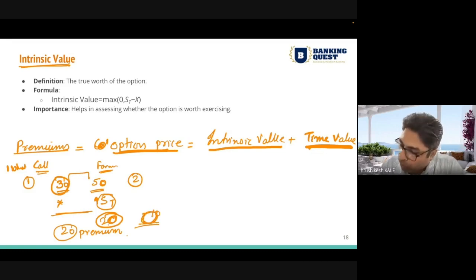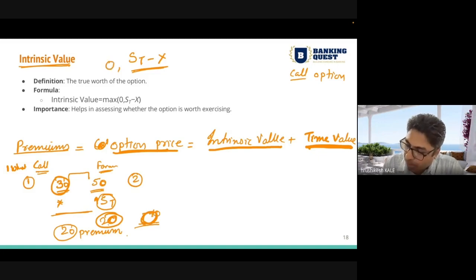Therefore, if we want to calculate intrinsic value, and again, we are doing this for call option, always remember, it should be ST minus X. But if ST is less than X, then the value should come at 0.